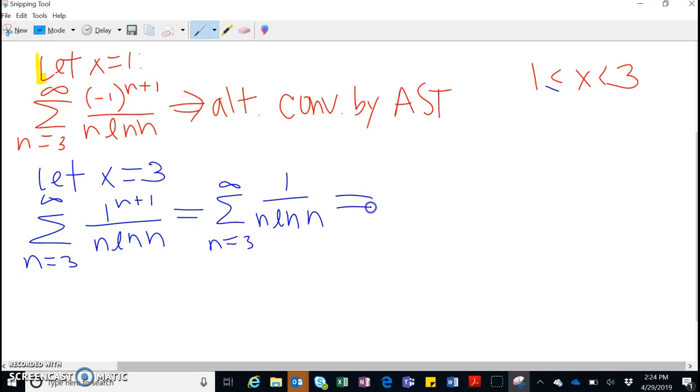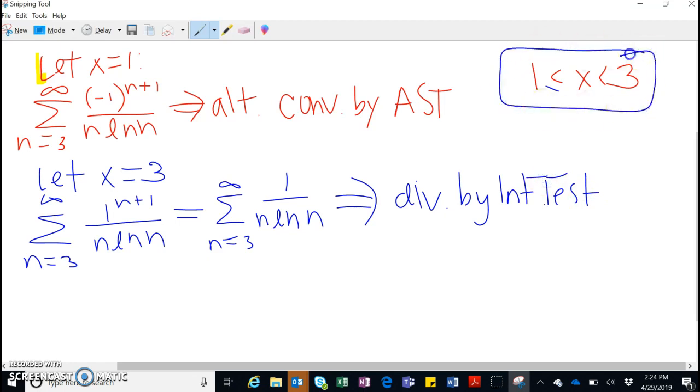Well, this looks familiar too. I think I showed in part A that this diverges by the integral test. Again, I don't need to show all my work again, but that's a huge conclusion because that means that I should not include the other endpoint and I'm actually done with my work.